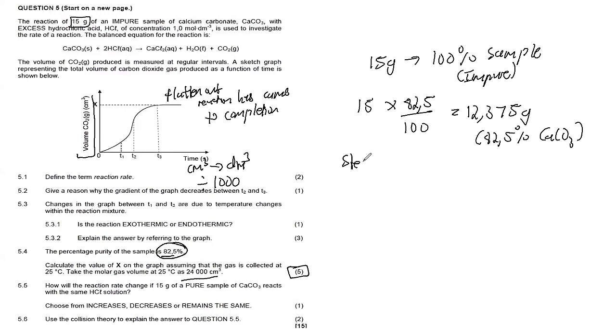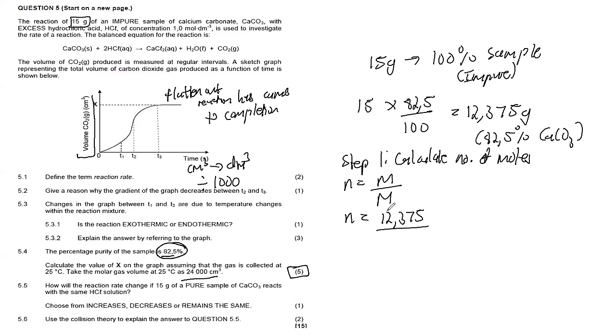Then we go with step number 1, which is to calculate the number of moles. Remember, you won't be required to write the steps like this. This is just me taking you through all those steps. We can choose the formula n equals small m over big M, since we do have the mass. So that's 12.375. Now, consulting your periodic table for the molar mass, the molar mass of calcium carbonate is 100, because calcium is 40, carbon is 12, and oxygen is 16.